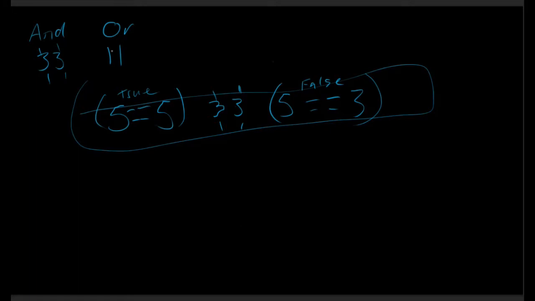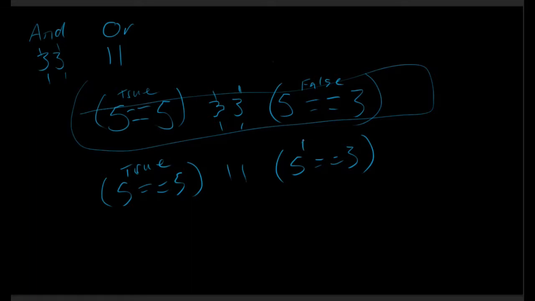Now it's the opposite with the or. If we did this exact same thing with the or and said 5 equals 5, or 5 equals 3, holy cow, can you hear all that banging? So this one is true. This one is false.